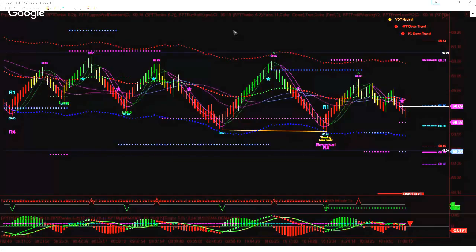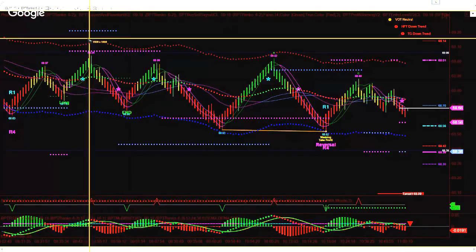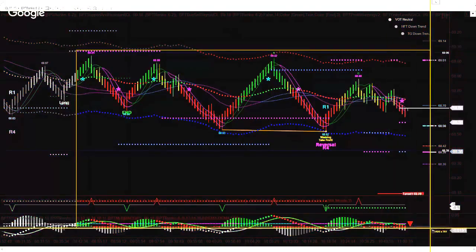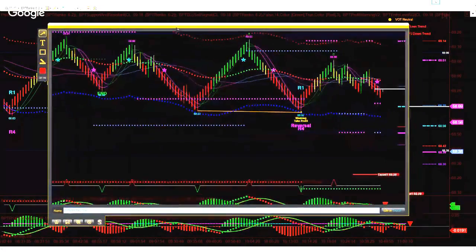One of the things I want to cover a little bit about Renko bars, which a lot of traders don't understand, is that they look good. Some of those Renko bars are extremely ridiculous. Why? Because they are hiding the price movement.